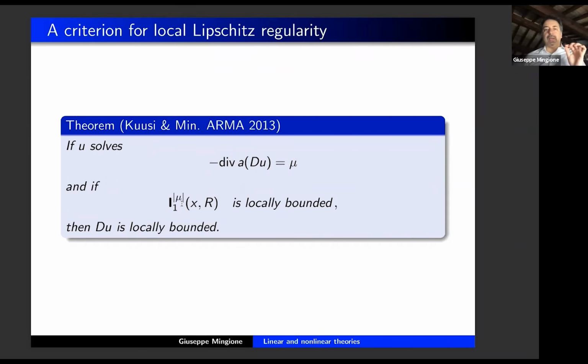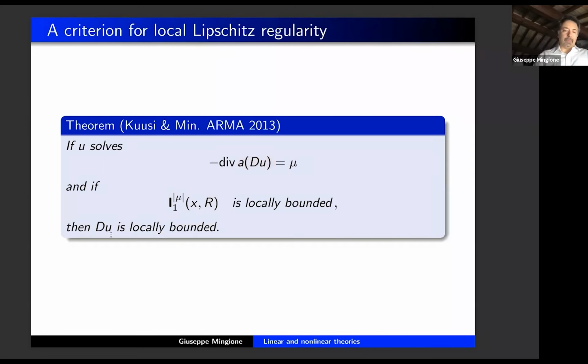There's an old conjecture, I was told that it belongs to Nina Uraltseva, that the property of mu that guarantees that the gradient is bounded is independent of P. Of course, probably Nina was thinking of the P-Laplacian operator. And now this property is independent of P and even of the operator. So this confirms this conjecture.